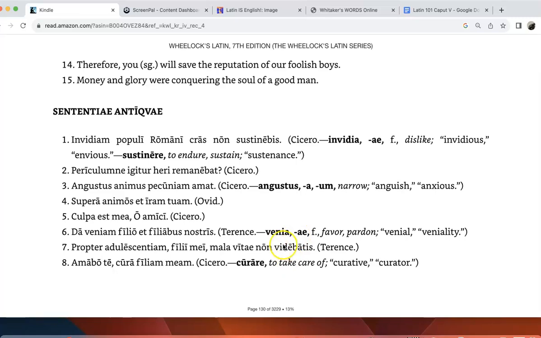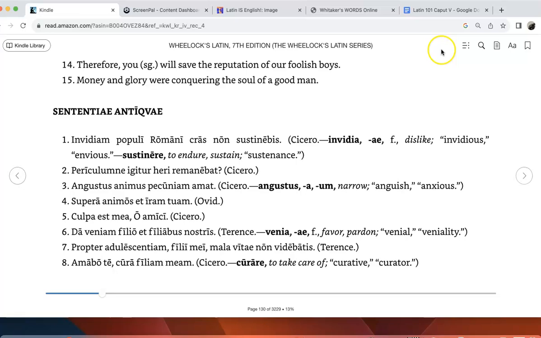And sure enough, because you were being silly, you broke the vase or whatever like that. So that's sort of the sense. It's kind of an ongoing act, in this case, of not seeing. So that's why we use -ing to indicate that it's an ongoing action, as your book points out earlier. So because of adolescence, my sons, you were not seeing the evils of life.